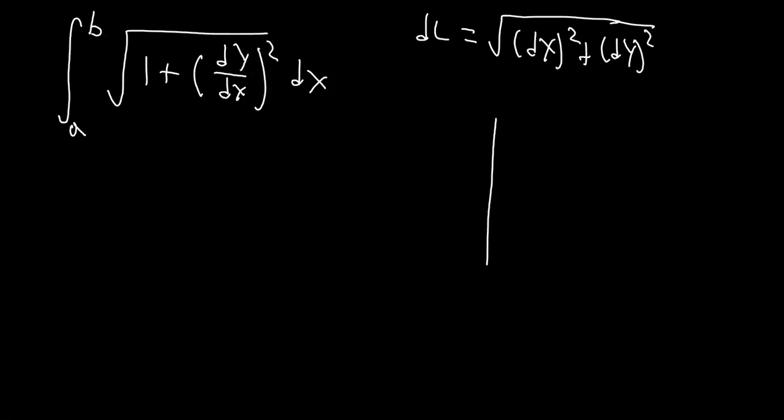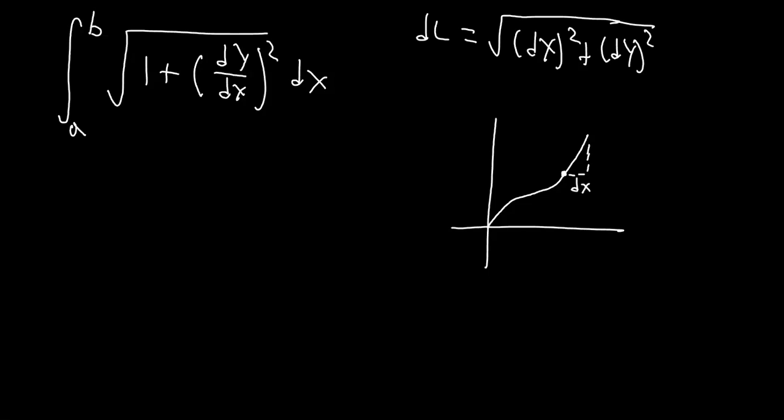What that means is, let's imagine that you had this graph here. Let me draw a better one. At this point right here, if you can see it clearly, let's imagine that it had a bit of distance, but it's very minute.